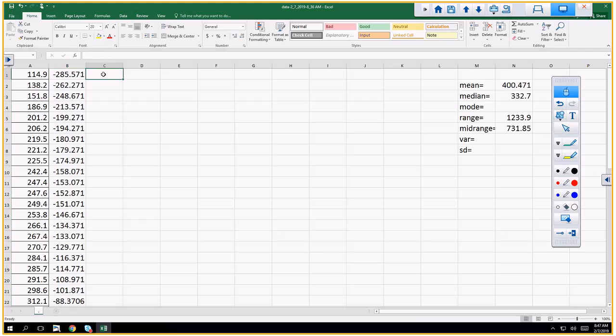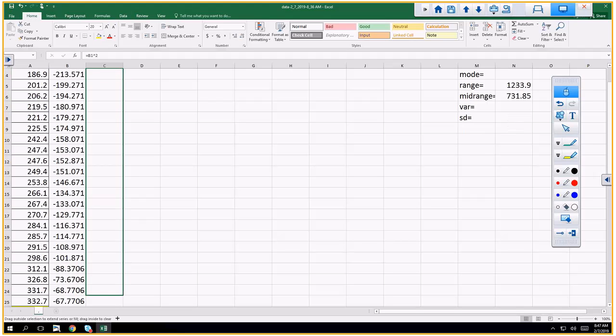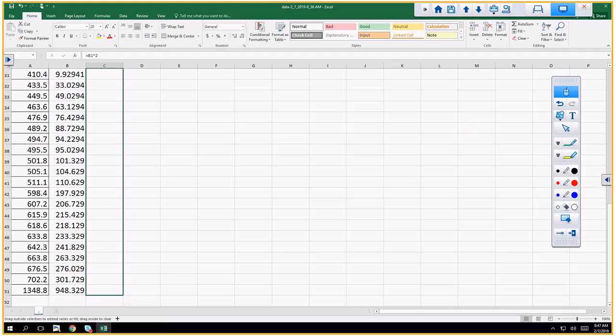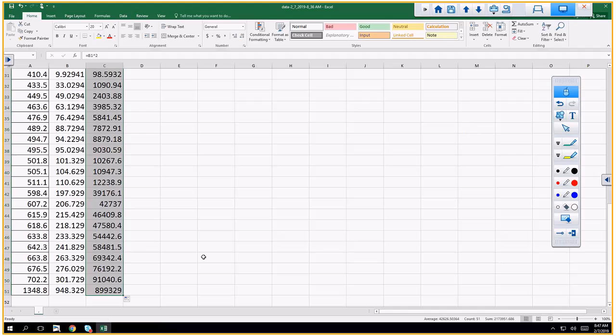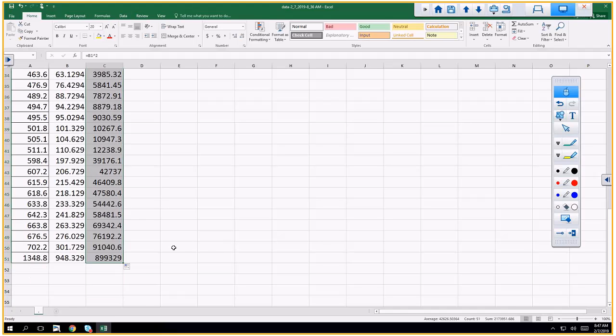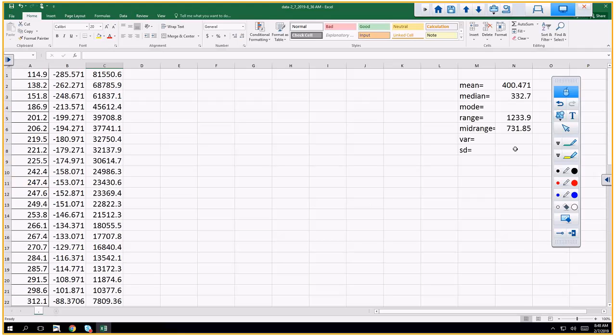Equals this raised to the second power. And what do we do with that number? We add it all what? Add it all up, and that is our numerator of the variance.